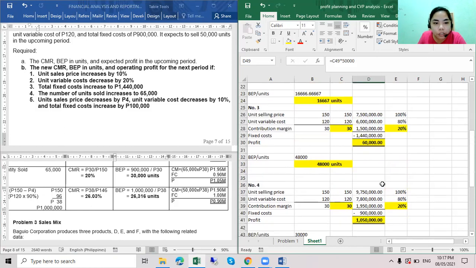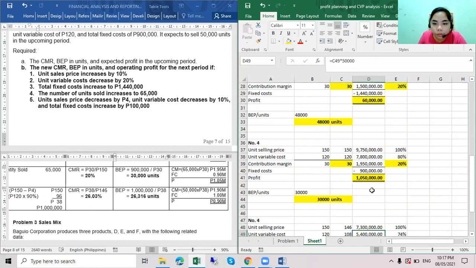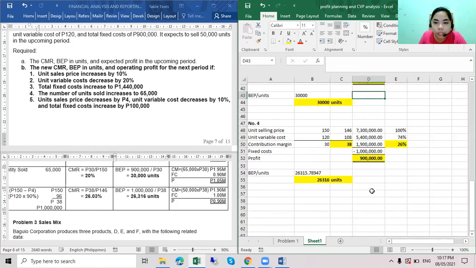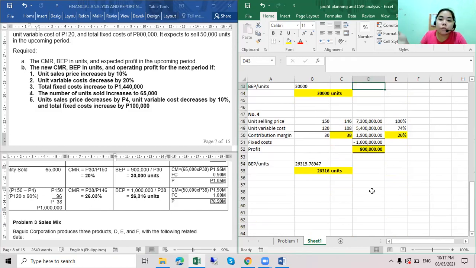Okay, so we are done with the sensitivity analysis. Mutok class, kung diin siya ma-change, what will happen to your profit? For example, my question being, if you increase the number of units sold, what will happen to your unit selling price? So nothing.